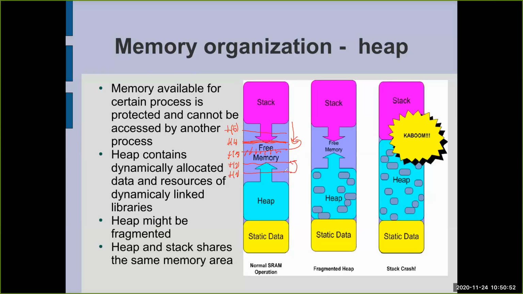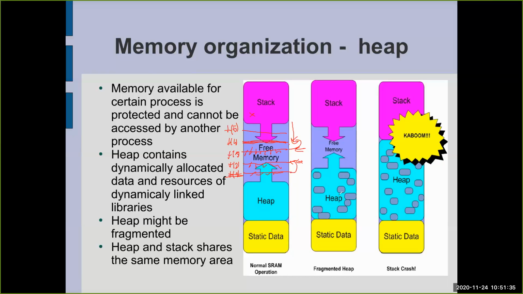So when factorial 1 is finished, the stack pointer points to this place. So I return up to the parent function. Now, if the parent function is finished, the stack pointer is moved here, yeah? And so on. So moving the top of the stack is the way memory is allocated and deallocated on a stack. So there is no way to get stack fragmentation. The stack is a continuous area of memory.